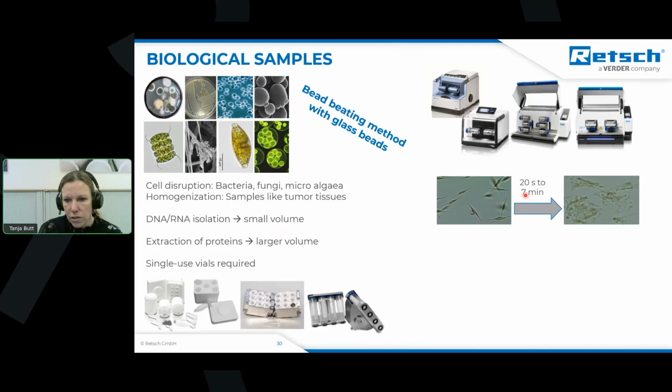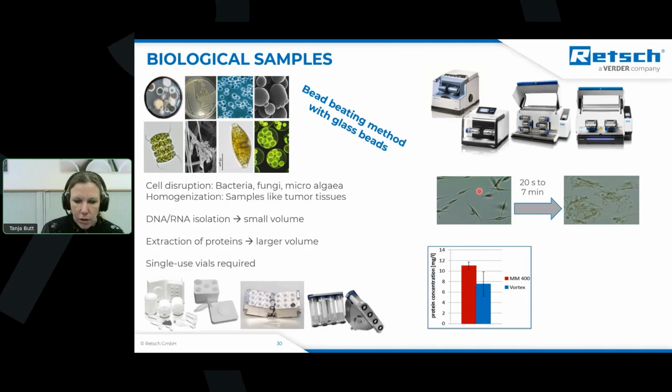In this case, it was 20 seconds for this algae. If you have yeast, it takes a little bit more time, maybe up to 7 minutes, but you come to the same result in the end. And compared to using a vortex, which is commonly used for many biological samples, I know this from my studying time, you have an automated system of shaking.